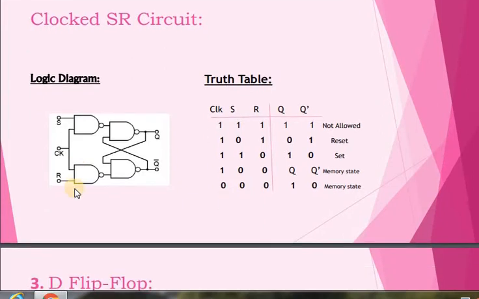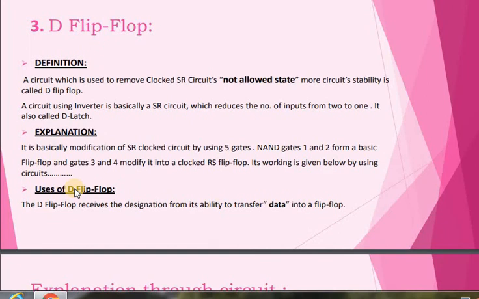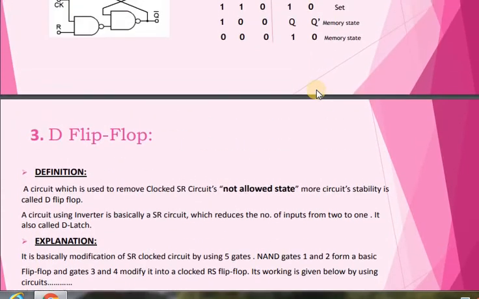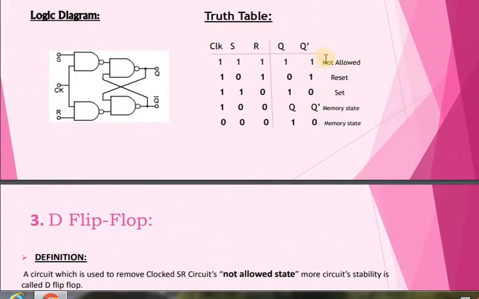Now the next flip-flop, the D flip-flop. A circuit which is used to remove the not allowed state of the clocked SR circuit, for more circuit stability, is called a D flip-flop. See here, we are going to remove this not allowed state, which is in the clocked SR flip-flop.